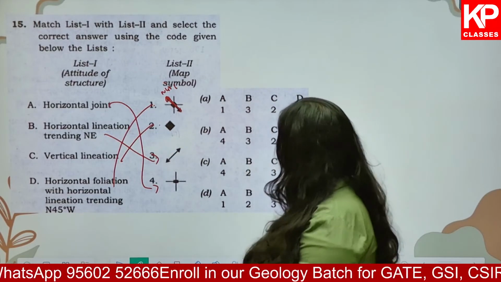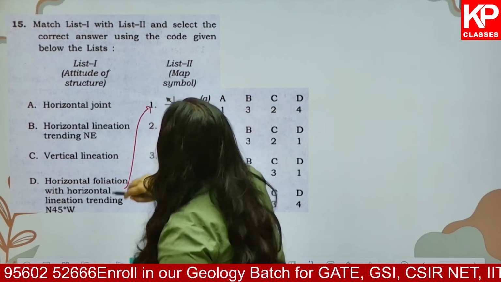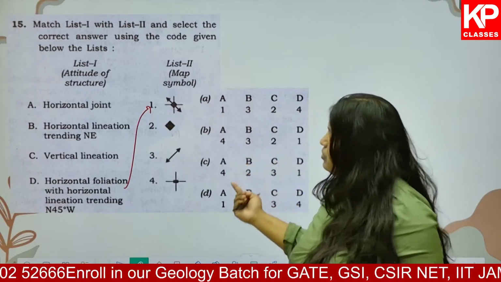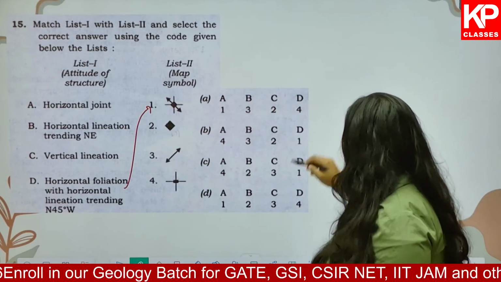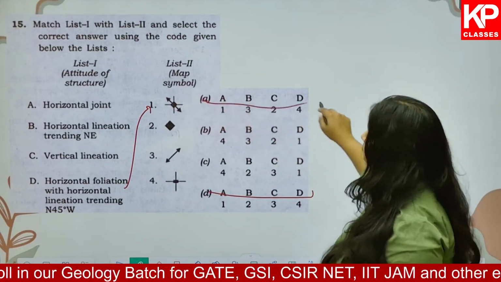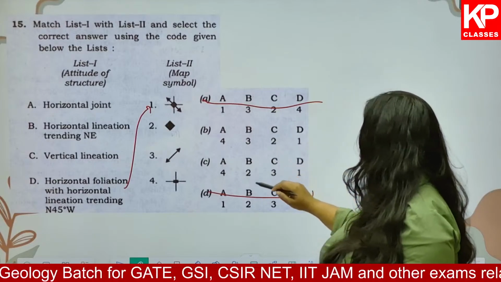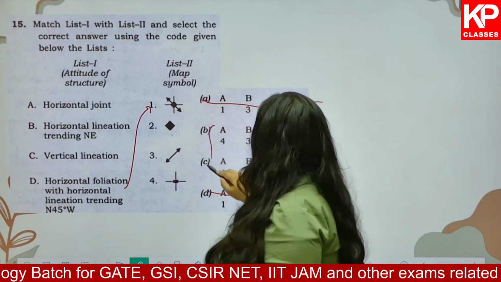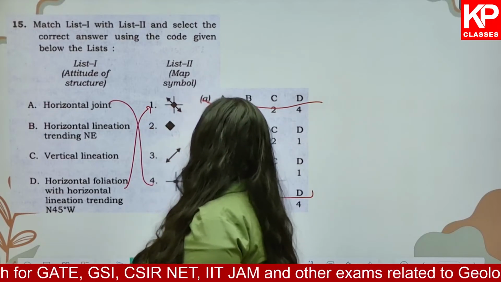Even if you are confused with all the other terms, if you can work this out, D is 1 because they have mentioned north 45 degree west. From that you can cancel out options A and D. Now there are only B and C. From here you understood A is 4, this is the horizontal joint.